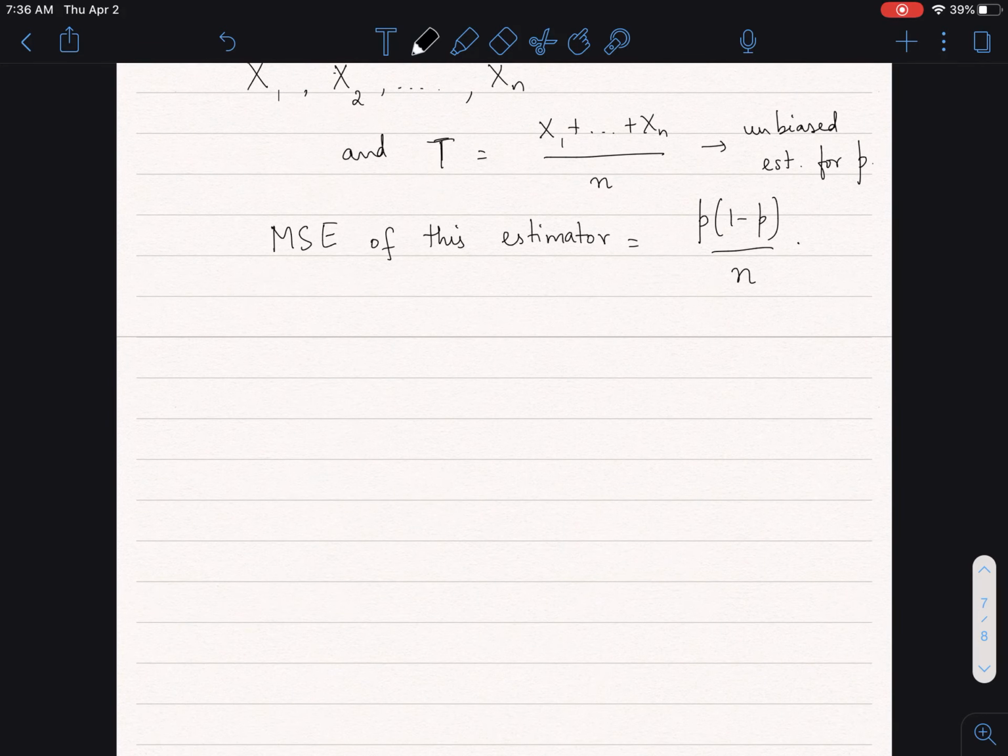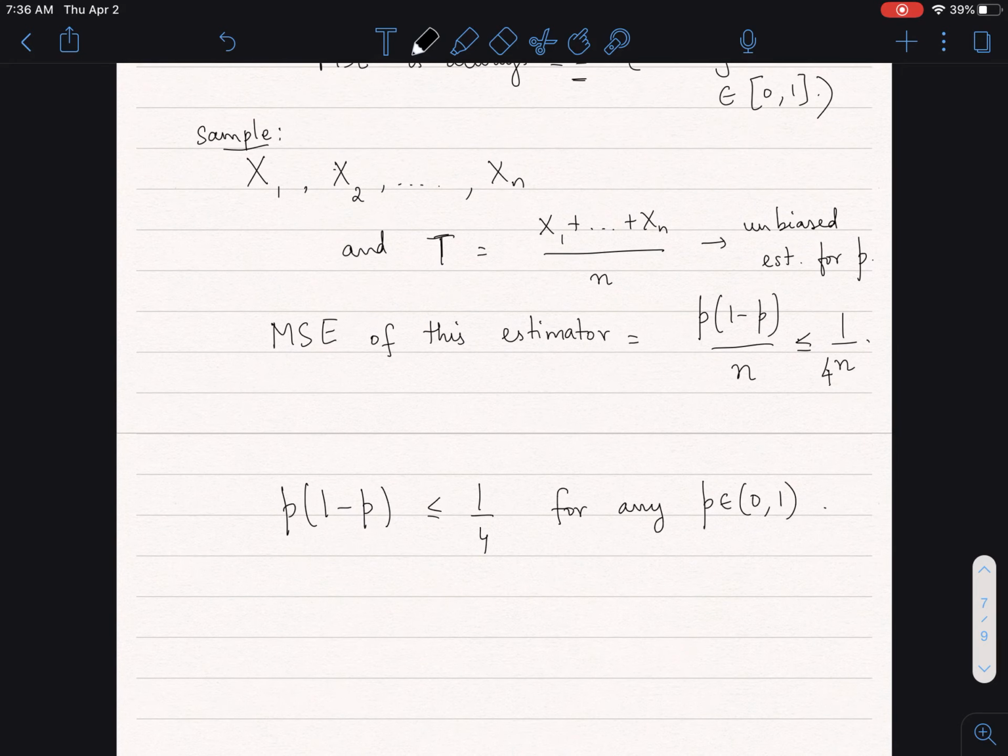And this is always less than or equal to 1 by n, in fact less than or equal to 1 by 4n, because we know that p times 1 minus p is always less than or equal to 1/4 for any p in 0, 1. So we know that the mean squared error, if you use n samples, is less than or equal to 1 by 4n. Now let's try to use this to get bounds on the confidence interval.